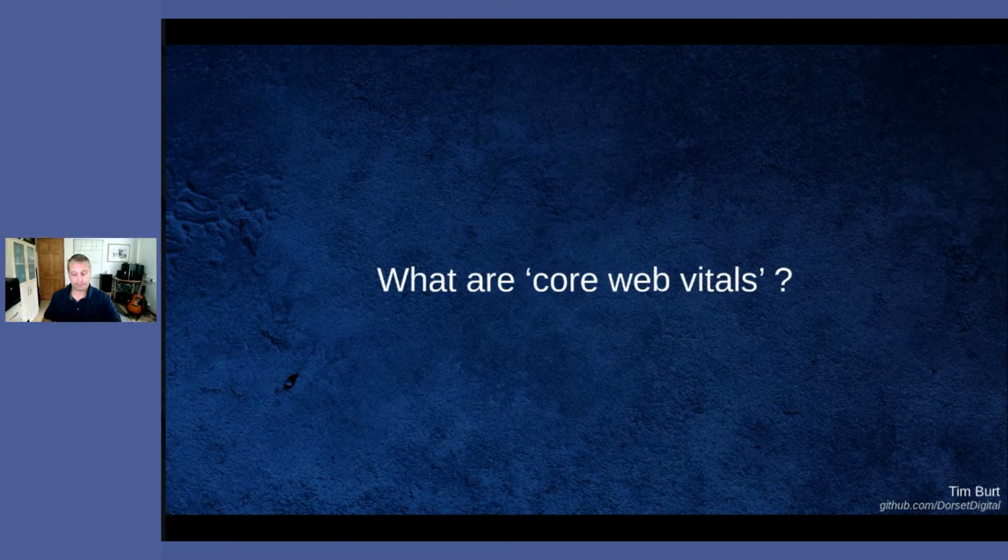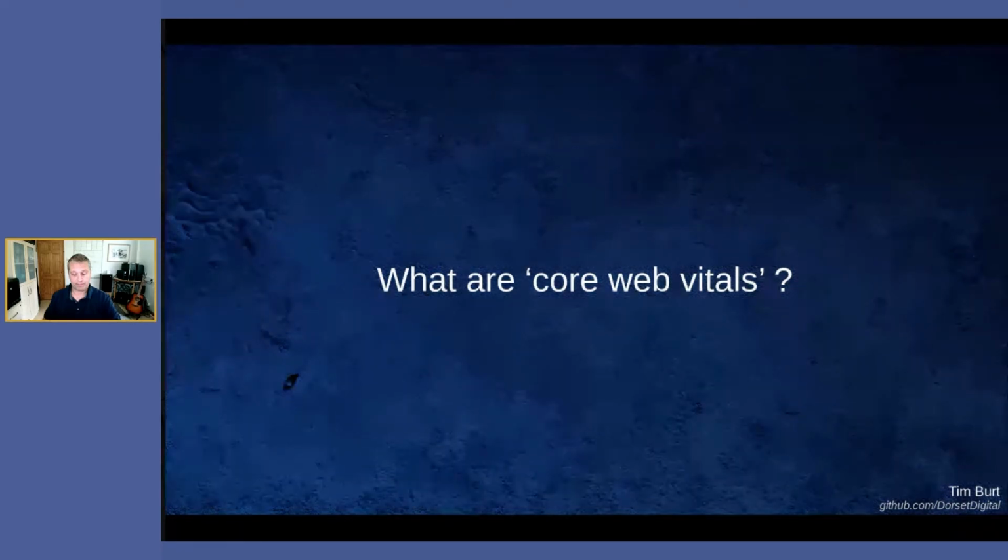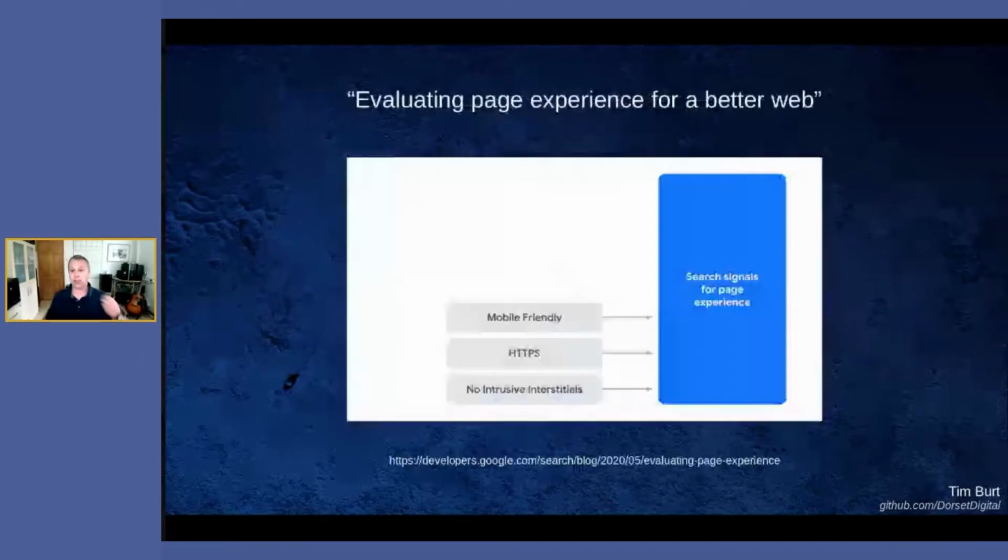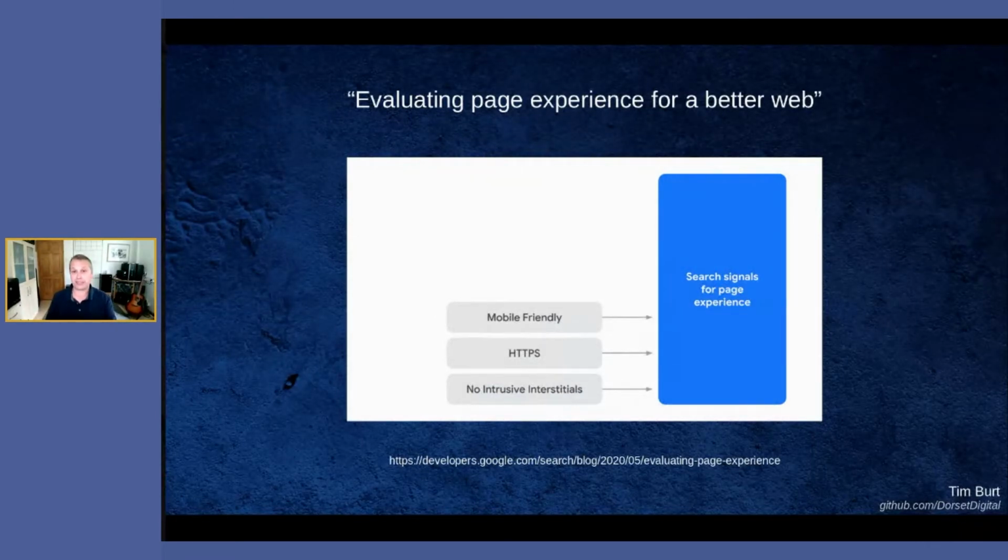So what are the Core Web Vitals? Well, back in May last year, Google published a blog post with the snappy title of Evaluating Page Experience for a Better Web. Page experience is one of those mysterious Google measurements that they use as a ranking factor, and it's quite a significant one.